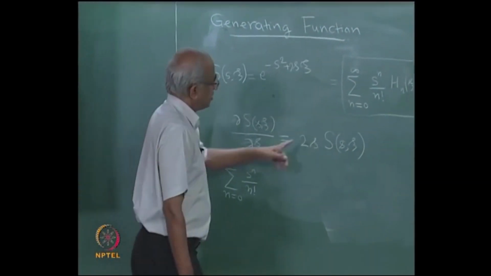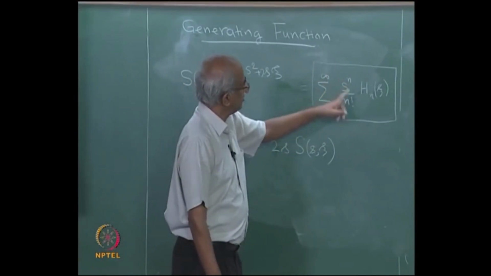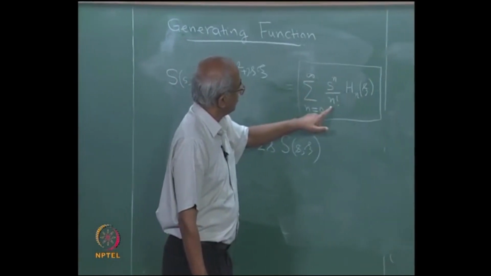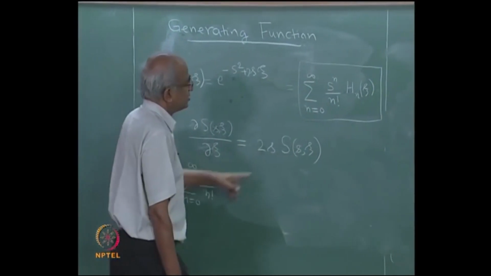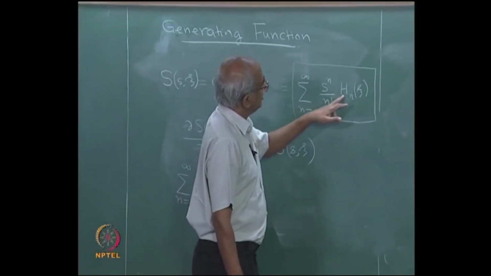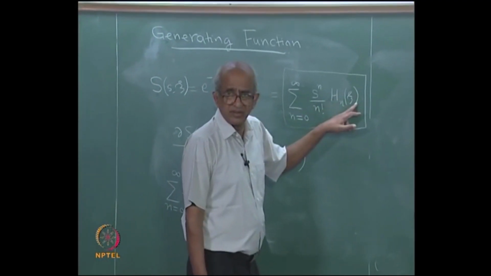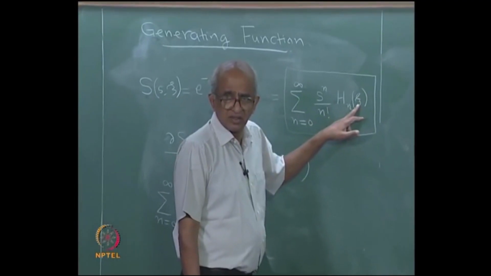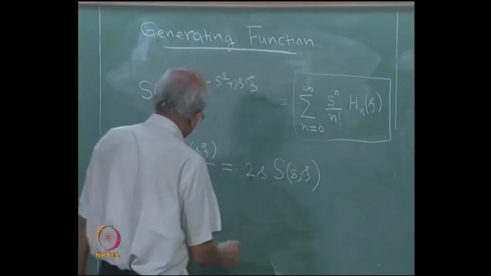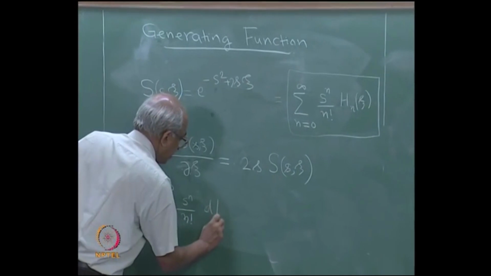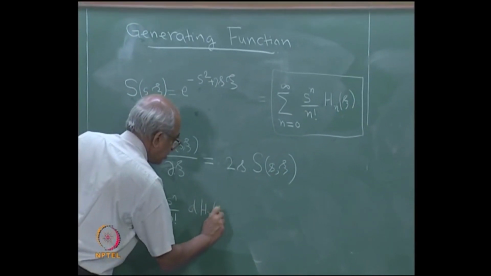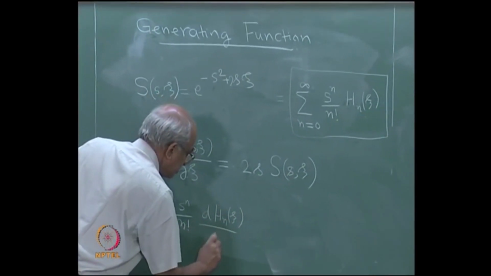So then what is going to happen is, when I calculate the derivative using this expression, s to the power of n by n factorial will remain unchanged, but the derivative operator is going to operate upon Hn. So therefore what you are going to get is dHn(ξ) by dξ.